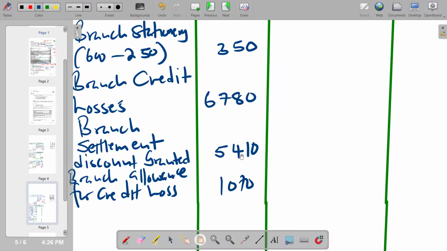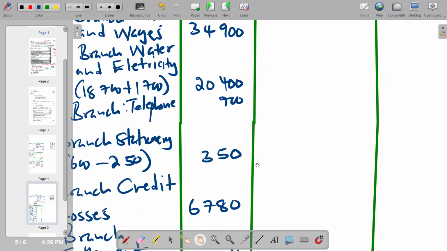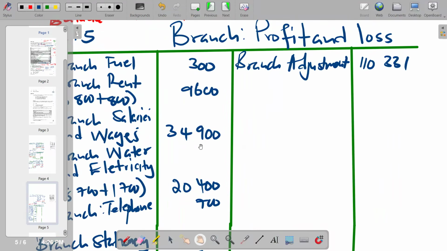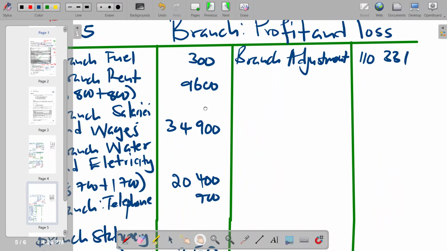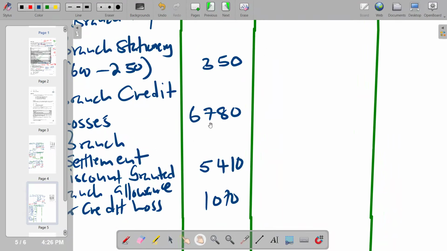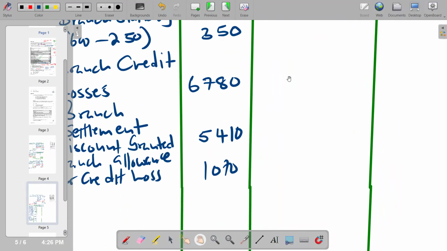So if we compare on the credit side, we've got 110,331. Then we add everything that we have on the debit side. You are going to see that the figure on the credit side, which is 110,331, is the greater figure. So it means we're going to have a balancing figure on the debit side, so we can just leave space on the debit side.